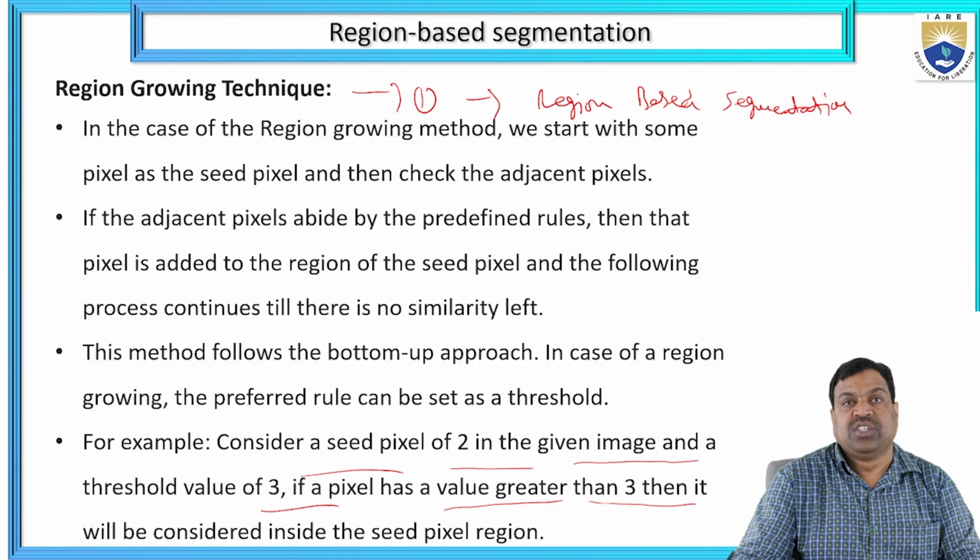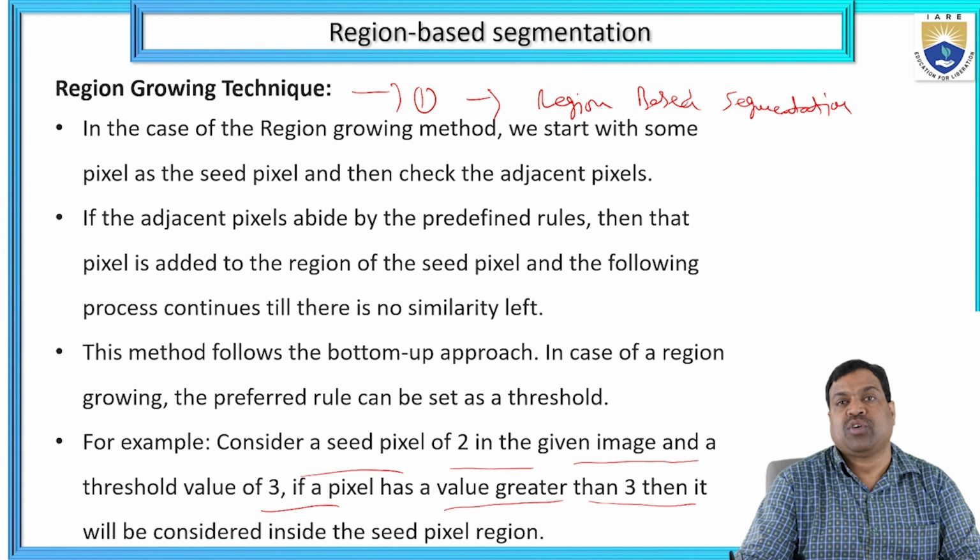In the region growing method, we start with some pixel as a seed pixel and then check the adjacent pixels. If an adjacent pixel obeys the predefined rules, then that pixel is added to the region of the seed pixel, and the process continues till there is no similarity left. This method follows a bottom up approach.